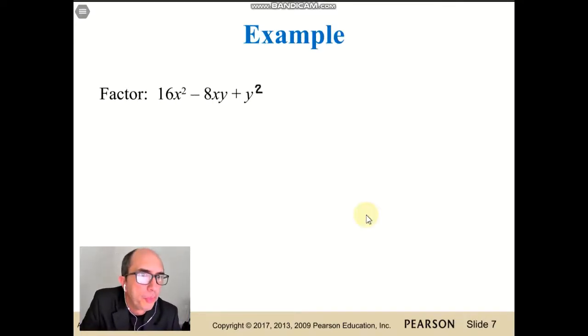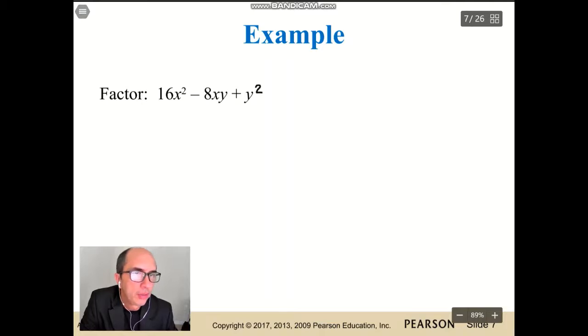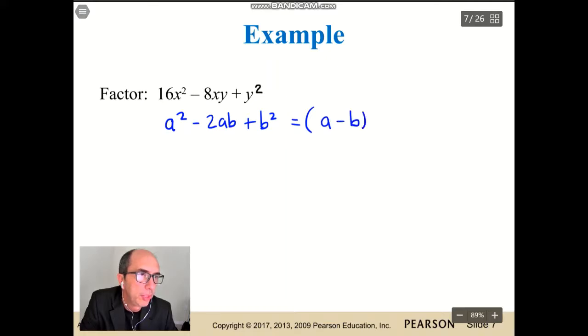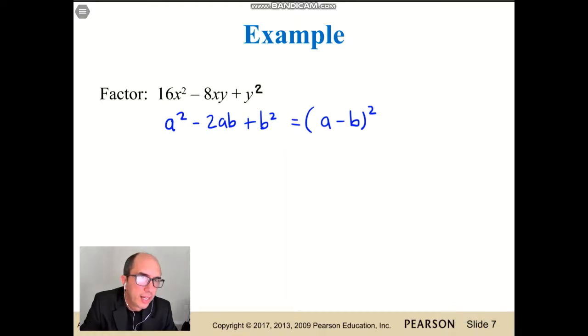In this example, we have 16x squared minus 8xy plus y squared. So we need to compare with a squared minus 2ab plus b squared to be able to rewrite it and factor it as a minus b squared, right? So let's compare. Here we have 16x squared.